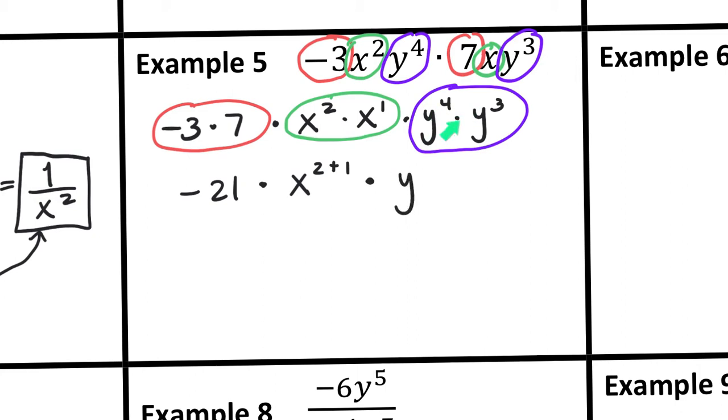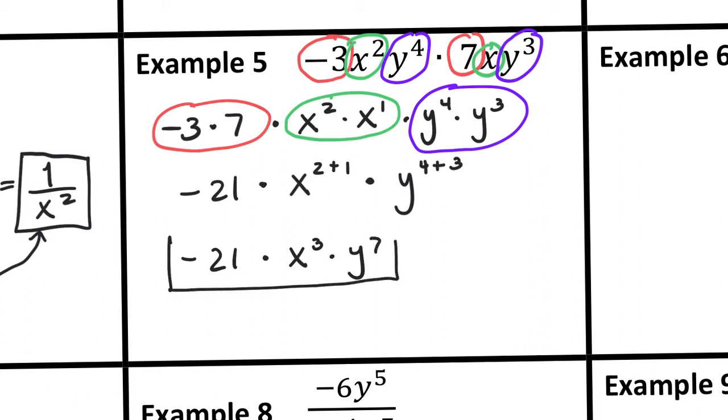They're multiplying, so the exponents are going to add. So it's 4 plus 3. Right, and then one more, right? Bring down the negative 21. This is x to the power of 3 times y to the power of 7. That's my final answer.